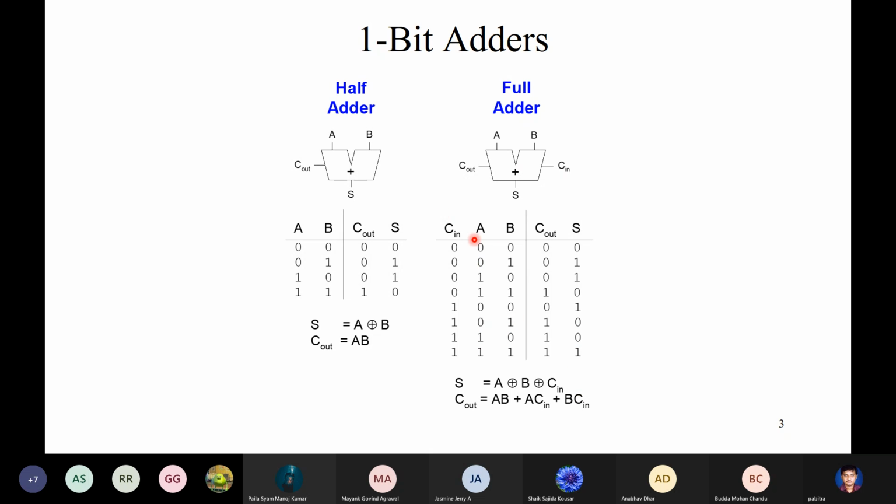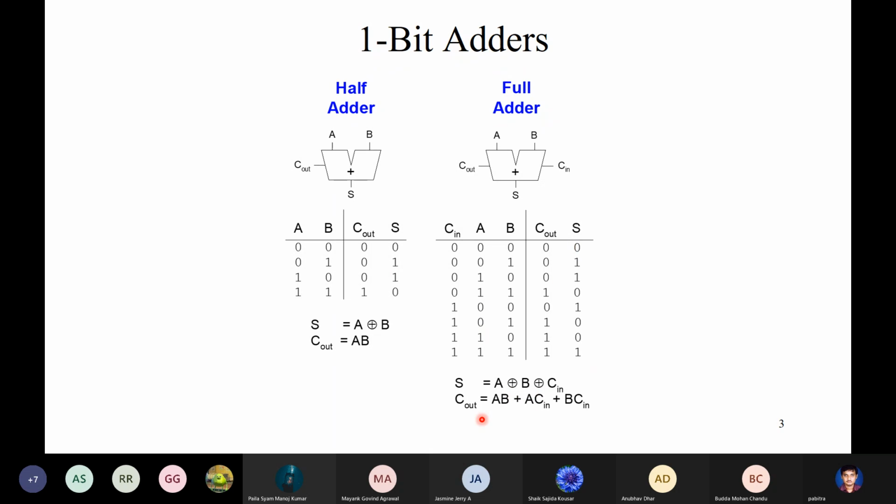You have three inputs, carry in, A and B, and two outputs, sum and carry out. Let's look at the logic in slightly more detail. The sum is nothing but the XOR of A, B, and carry in.